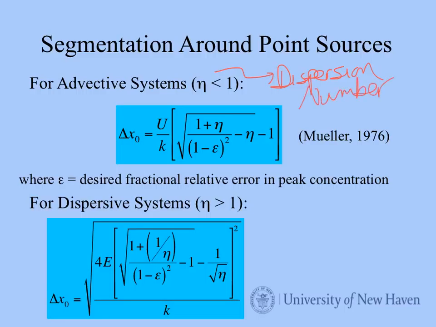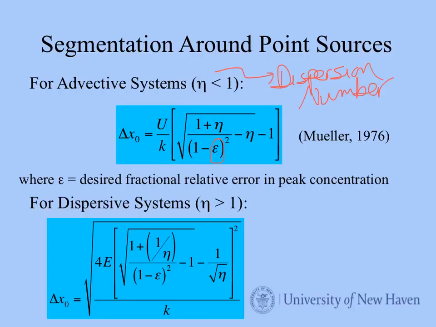The expression, as you see, is in terms of the average velocity in your system, the reaction rate coefficient, obviously the dispersion number, but also this additional parameter, which you can think of as the type of error that you're going to simulate between the actual peak concentration in your system and the concentration you would get from your model.